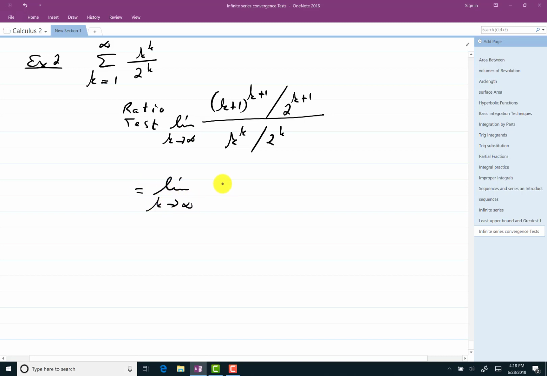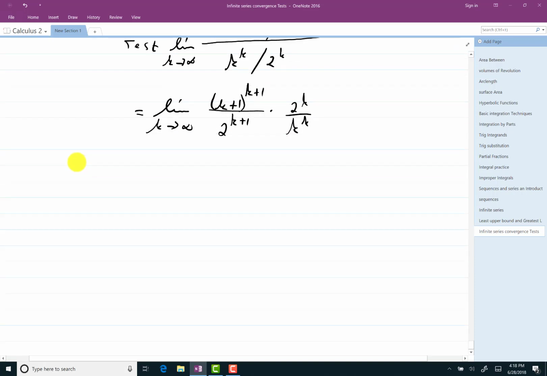So I'll have k plus 1 to the k plus 1 divided by k to the k times, and this bottom fraction will flip, so I'll get 2 to the k all over, I think I made a mistake here, down here should be 2 to the k plus 1. And then I'll have over k to the k.